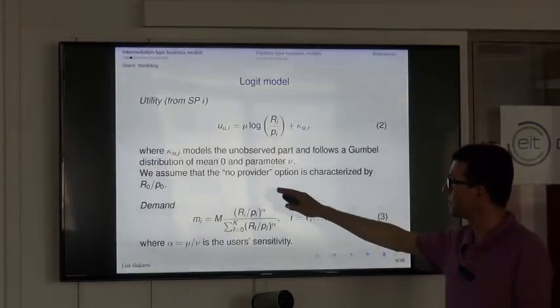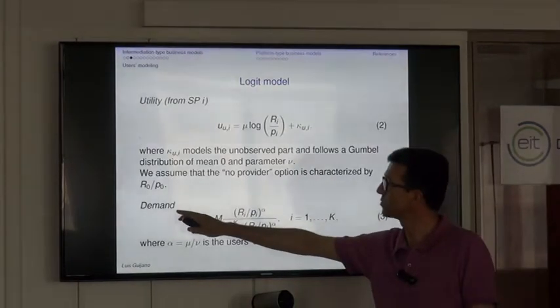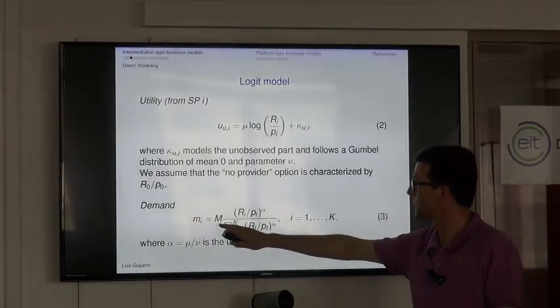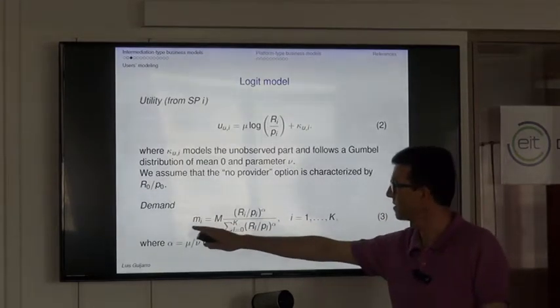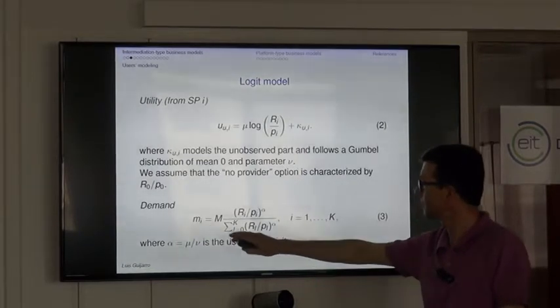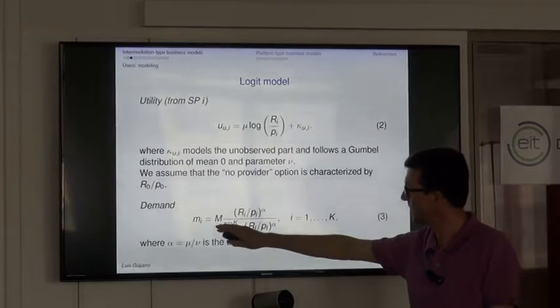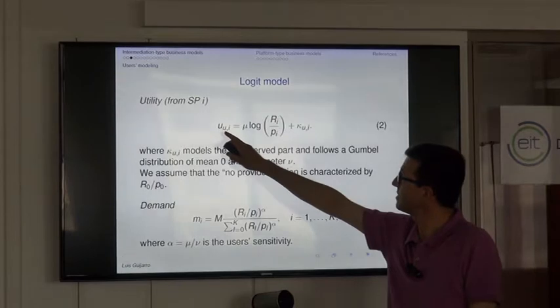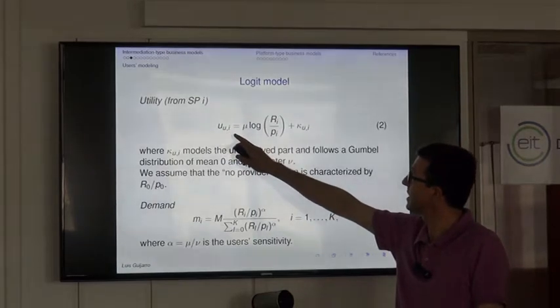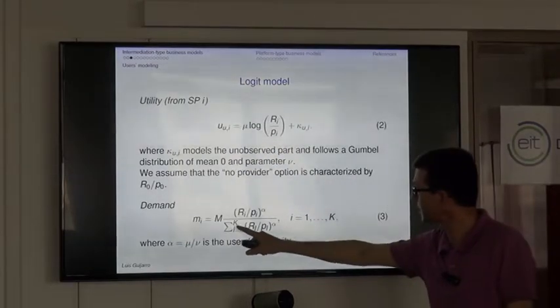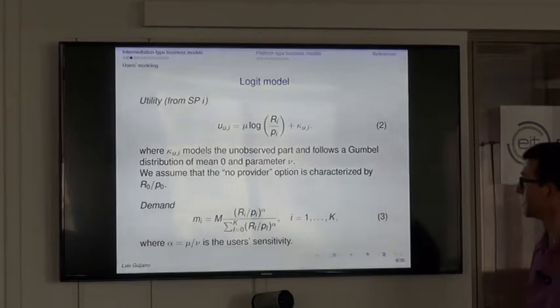The point here is that if we proceed as we did before, given a total number of users, capital M, the number of subscribers to service provider E can be computed as capital M times the probability that the utility that a user gets from service provider E is the greatest of the capital K service providers.